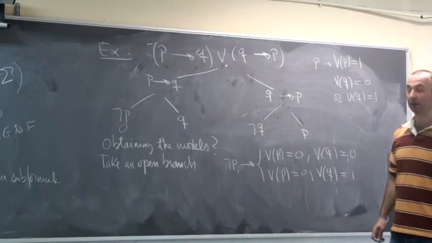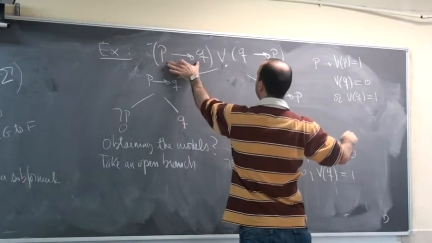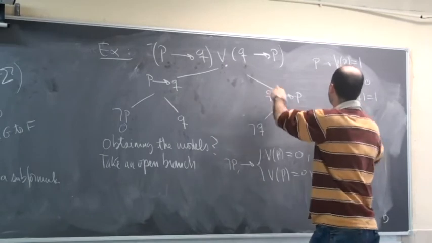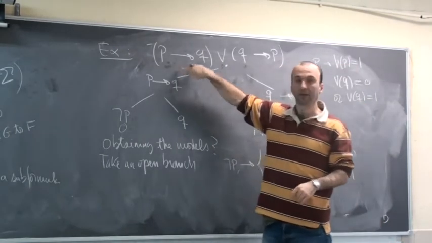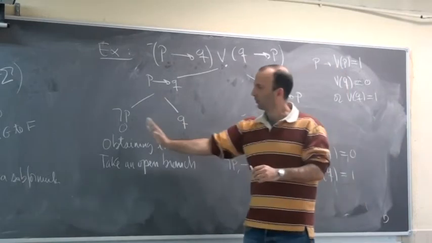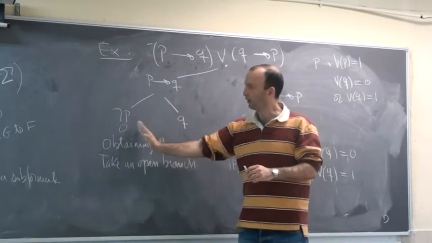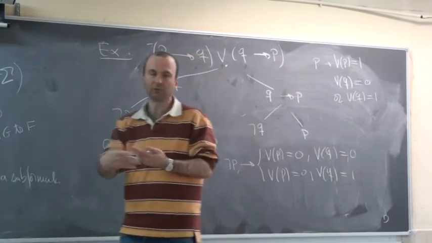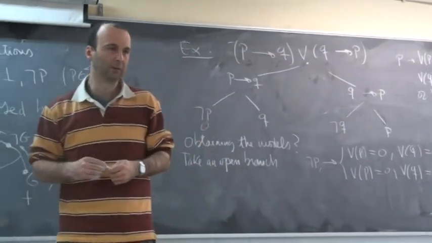You may check it. If P is 1 and Q is 0, this is 0, but then this is true. And if P is 1 and Q is 1, then this is 1 and it's still true. Right? Some models can be the same. I'm not saying that you get all the models, disjoint models. You may have repeated models, but you just cancel them out and that's it.